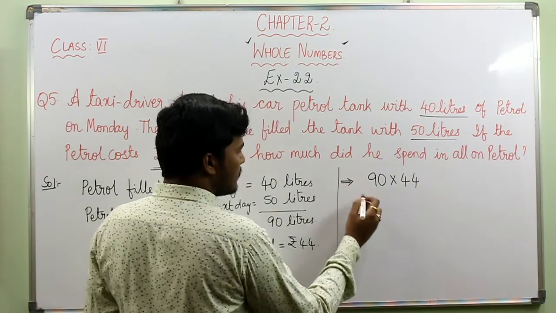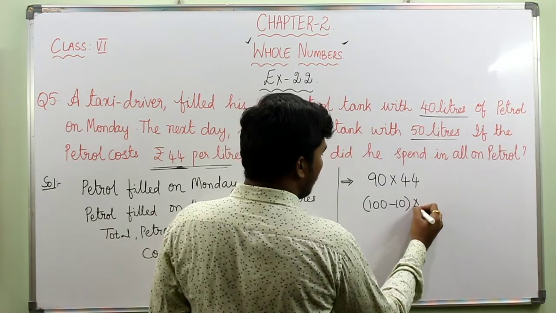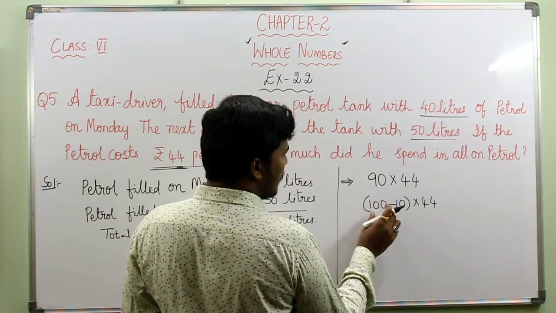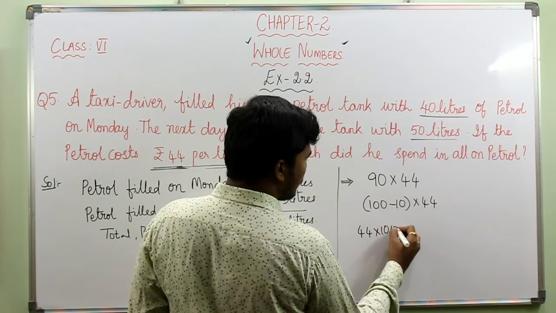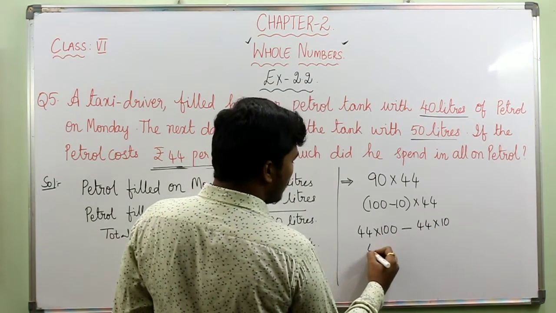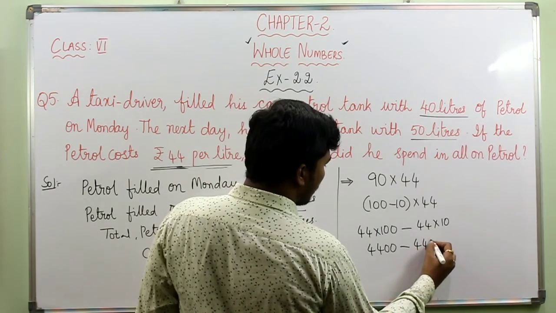This is nothing but 90, I can write as 100 minus 10, into 44. So then it will become, again by the distributive property, 100 into 44 minus 44 into 10. Okay, this will become 4,400 minus 440.